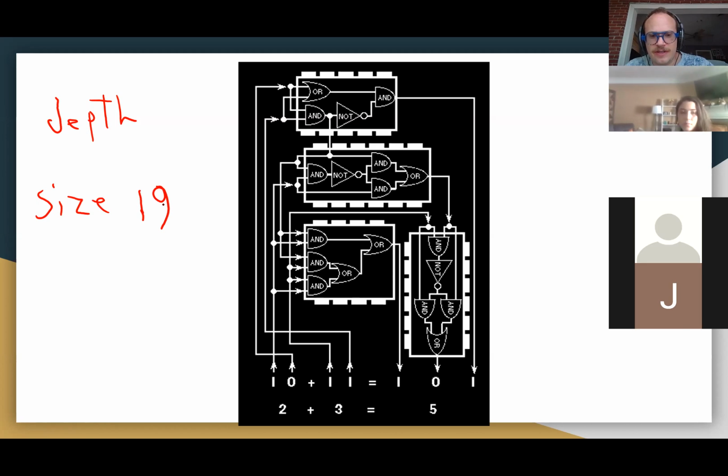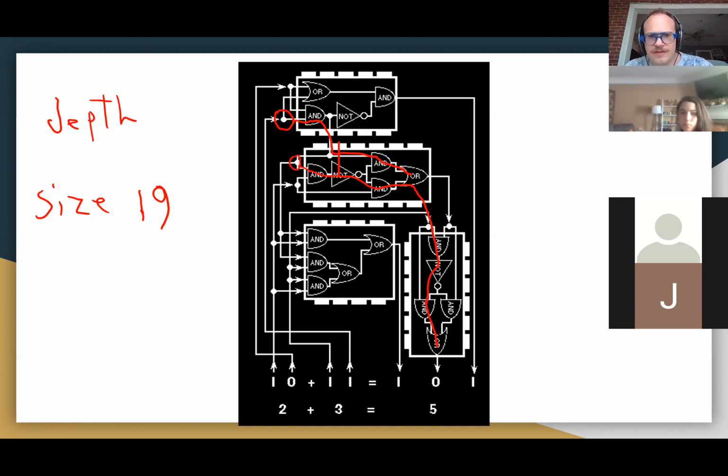So I'm going to say it's probably starting from here and going through 1, 2, 3. No, that's not it. Maybe starting from here and going through 1, 2, 3, 4, 5, 6, 7, 8.